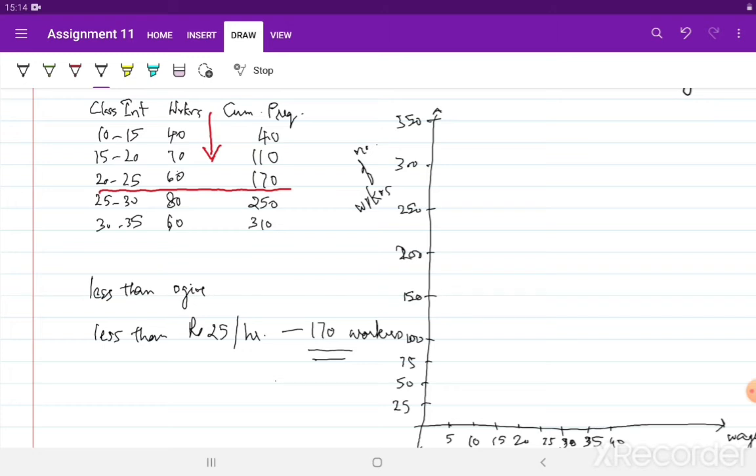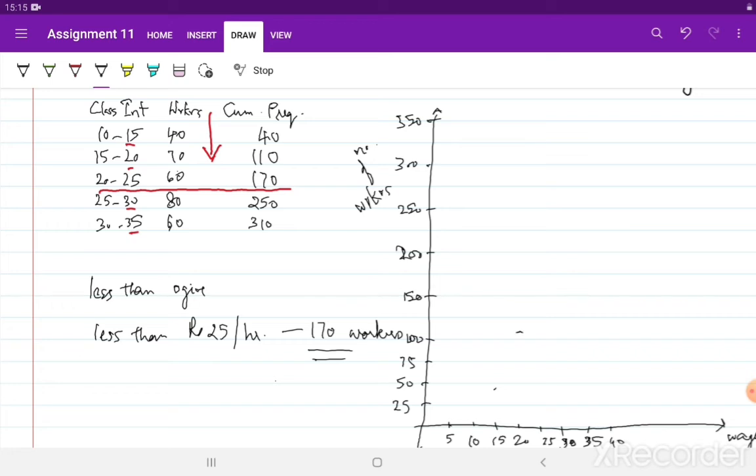Remember, in the less than ogive you will plot the numbers, the cumulative frequency column, against the upper limit. So I have less than 15, we have 40 workers. So that's around here. Less than 20 is 110 workers. So a little above 100.